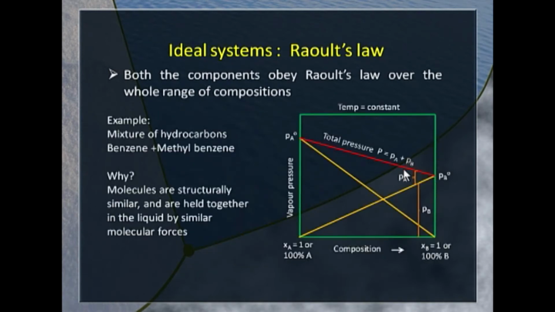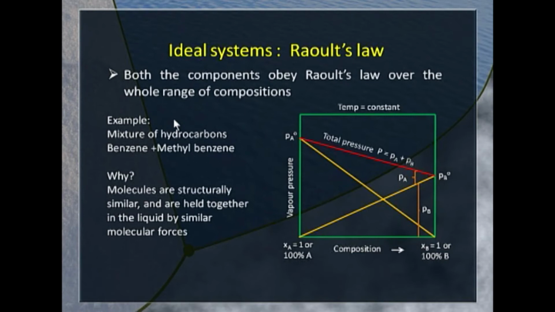Let us look at the total pressure, which is given here in this diagram, which is the sum of the contributions from the two components, PA plus PB, making the total pressure, and it smoothly varies from PA0 to PB0 in a linear fashion.